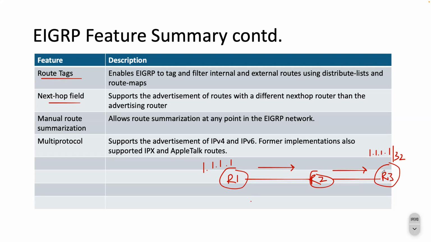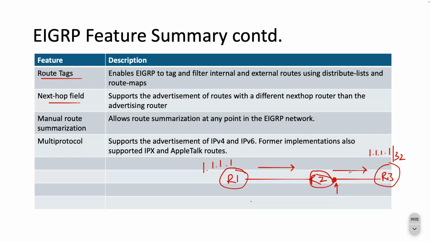R2. R1. Why R1 and why R2? Because R3 learns this route from R2's update. So by default, EIGRP, while sending updates to its neighbor, will change the next hop IP to itself.